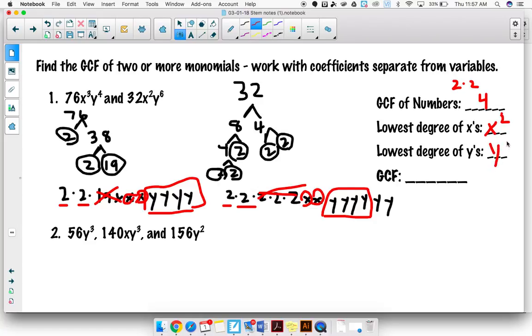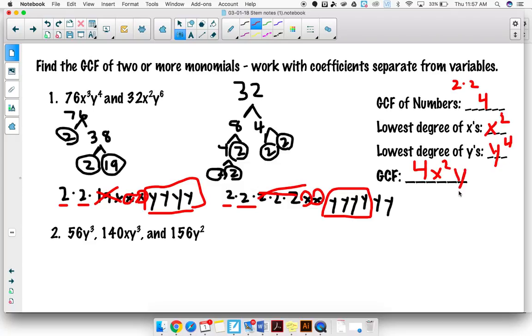So when we're doing GCFs, it's really what do they have in common. So y to the 4th will go there. The GCF is really just the product of the coefficient and then these variables. So I'm going to use 4, and then we'll have x squared, and then we'll have y to the 4th.